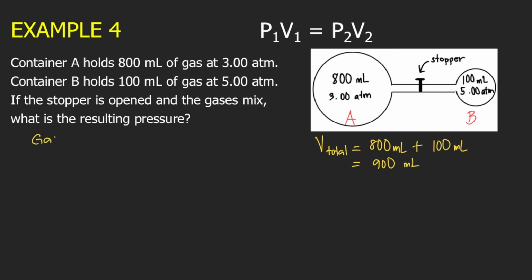So let's start with gas A. P1 of gas A is 3 atm. V1 is 800 ml, equal to P2, which is unknown, and V2, the total volume, is 900 ml. To solve for P2, you divide both sides by 900 ml.